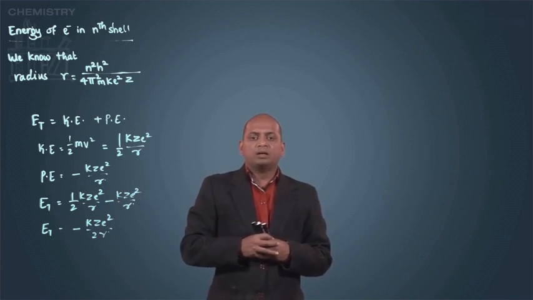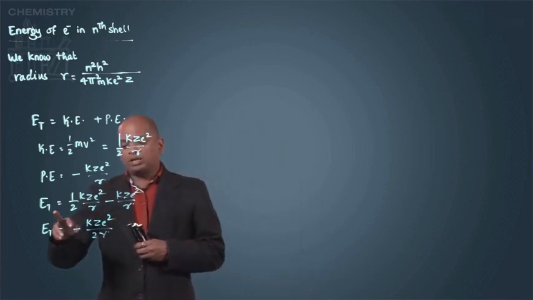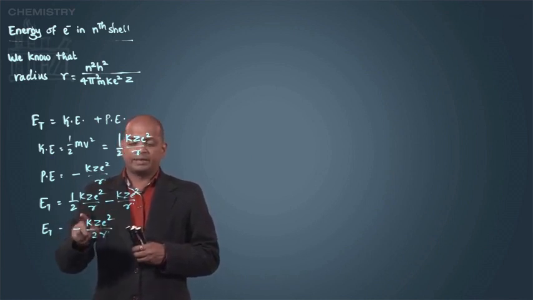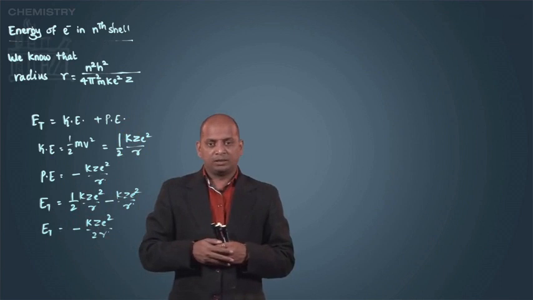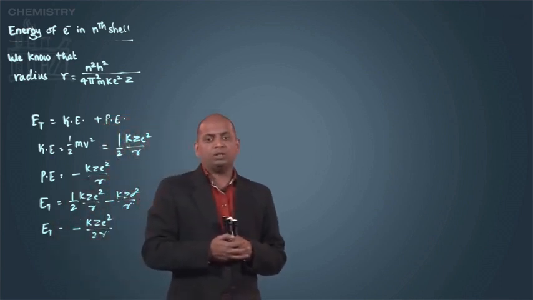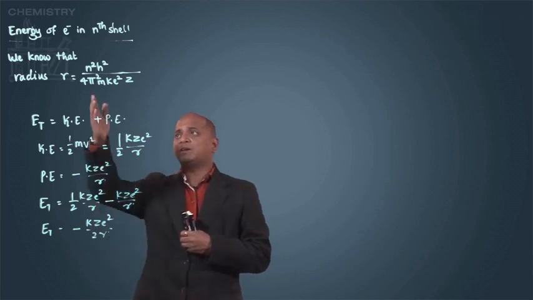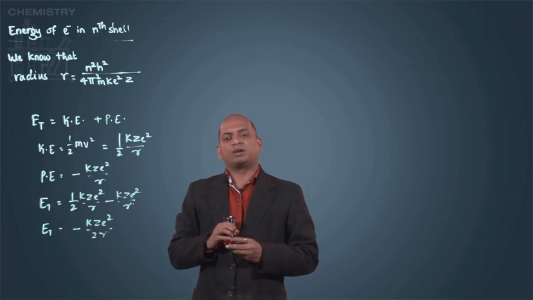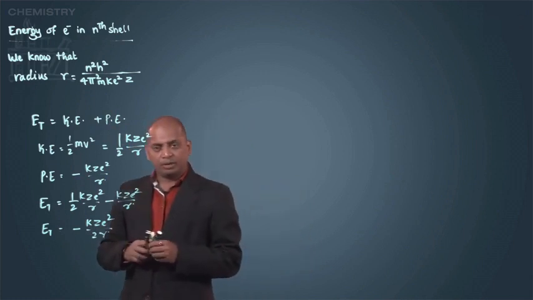Now the total energy is equal to kinetic energy plus potential energy, so substitute the values. The value comes as minus k z square upon 2r. But what is r? We have already derived the relation for r, so I will substitute the values.